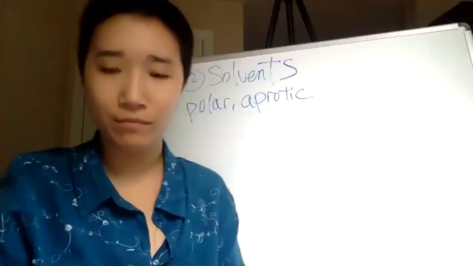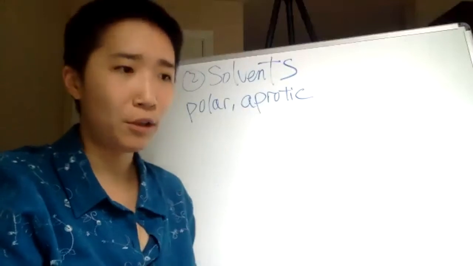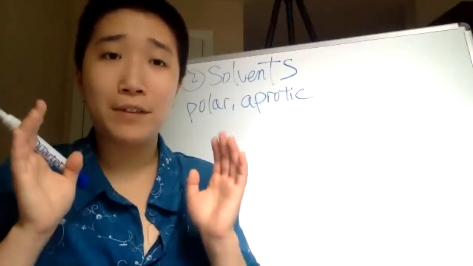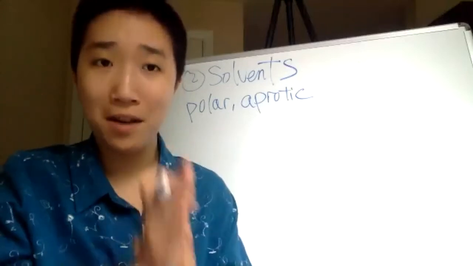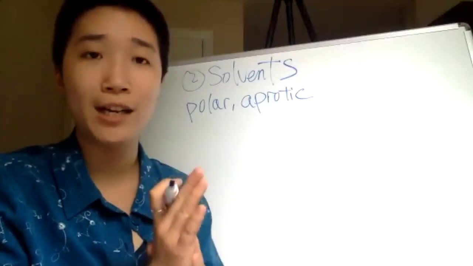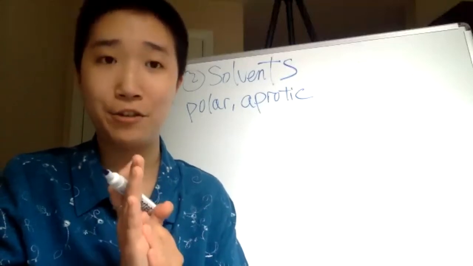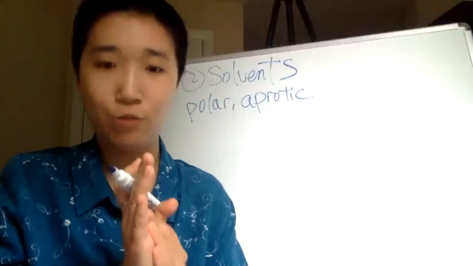It doesn't donate a hydrogen. You're absolutely right. So polar aprotic solvent means that in the solvent, you don't have hydrogen bonding occurring. It does not mean, however, that you do not have any hydrogens. It means that you do not have a hydrogen that is attached to an electronegative atom.